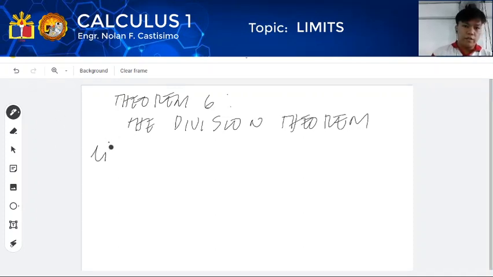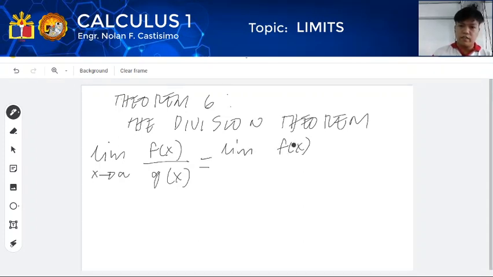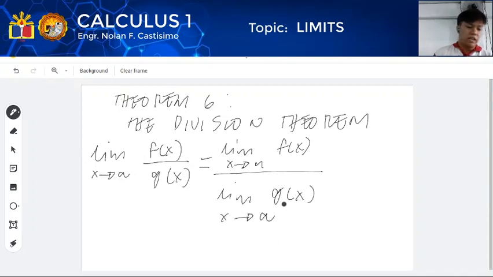So, we have the limit of f of x over g of x as x approaches a, equivalent to the limit of f of x as x approaches a over the limit of g of x as x approaches a.